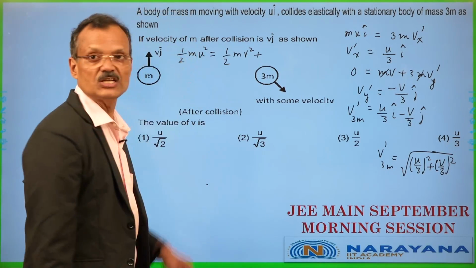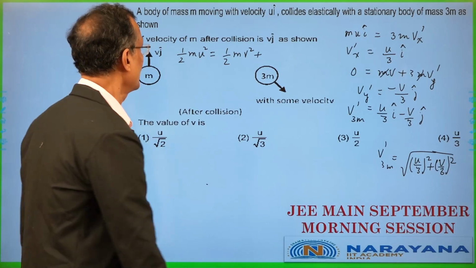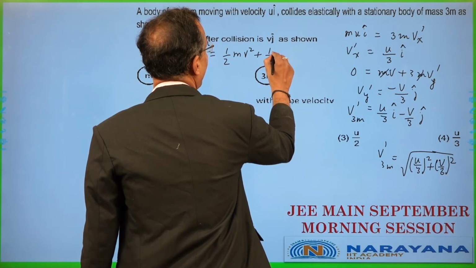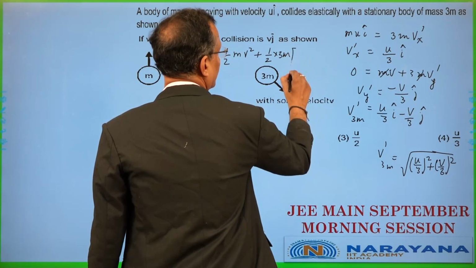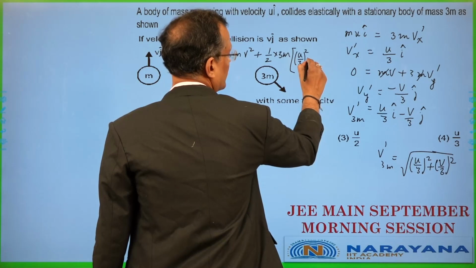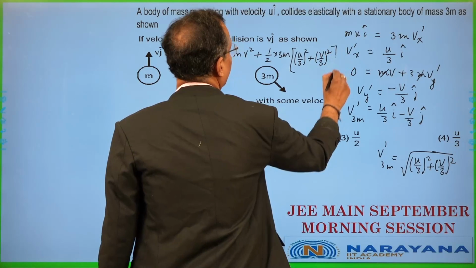So this is the initial kinetic energy. Now the final kinetic energy is half m v squared plus half 3m times (u by 3) squared plus (v by 3) squared.